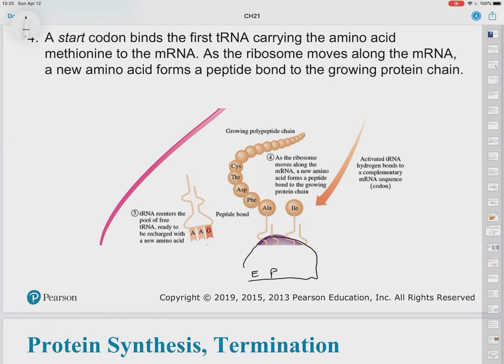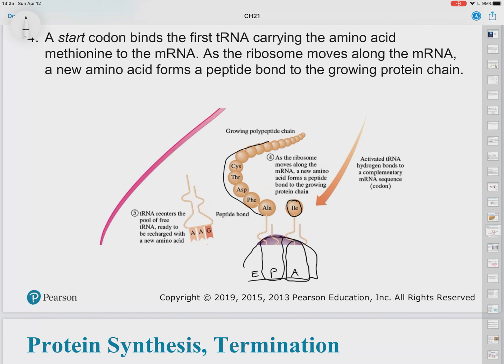And so the ribosome has a few positions. It's got the E spot, the P spot, and the A spot. Now, initially a tRNA will bring in an amino acid to the P position, the peptidyl site. And then this is the aminoacyl site. So the incoming tRNA that's bringing the next amino acid comes into the A site.